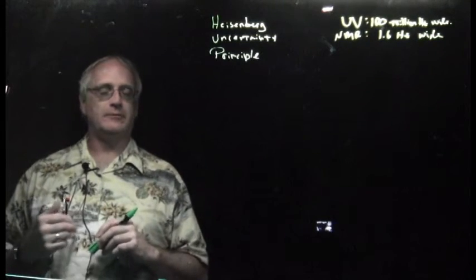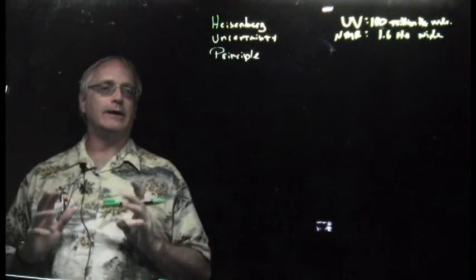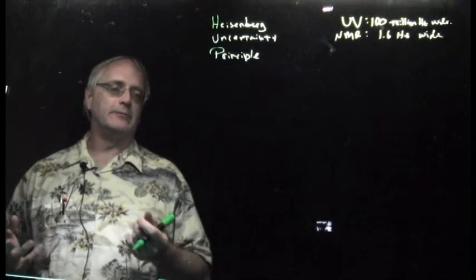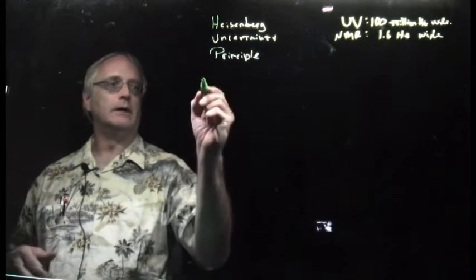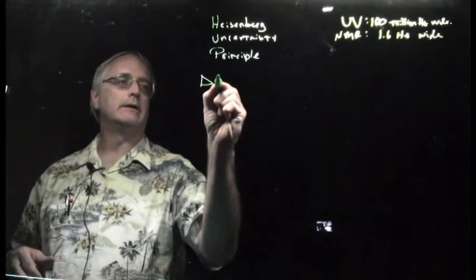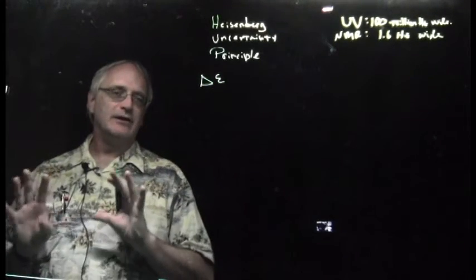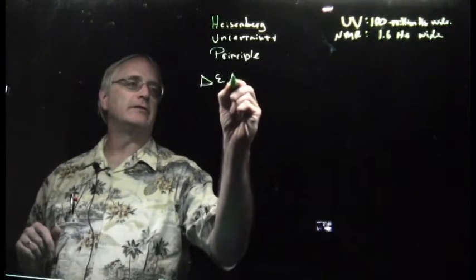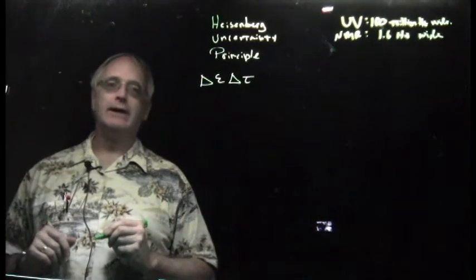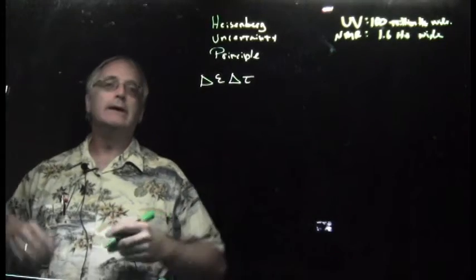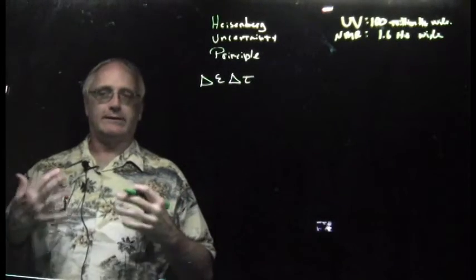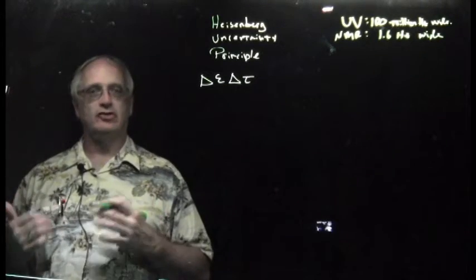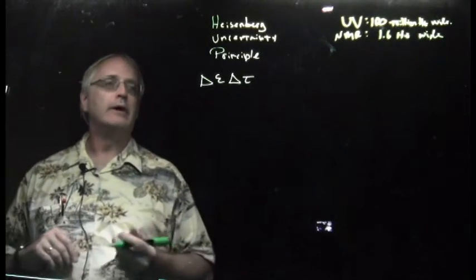For us in spectroscopy, the two quantities that most directly affect us, instead of position and momentum of a particle, are energy, and the uncertainty or the fuzziness, if you will, in an energy measurement, versus the time it takes for the transition between one state and another to occur.